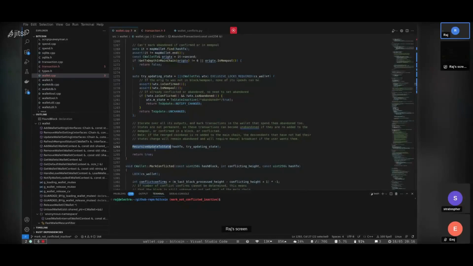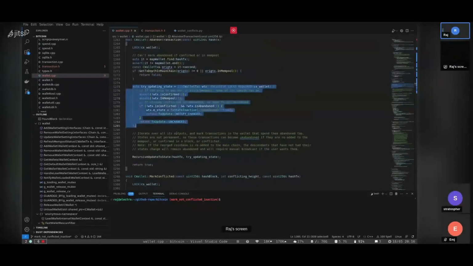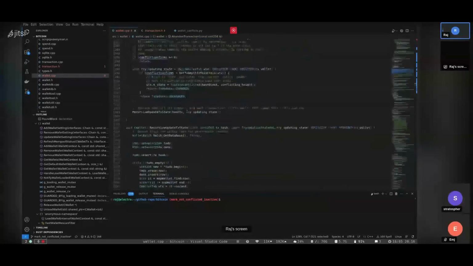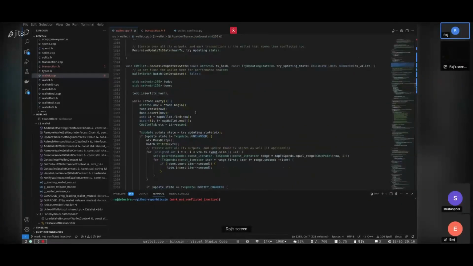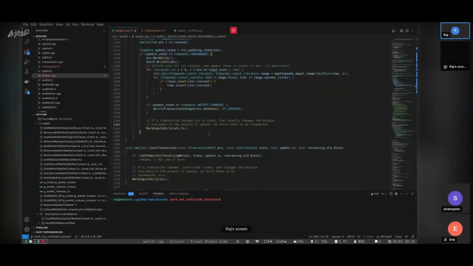So recursive state update can now take a custom lambda that changes the state of the transaction depending on the situation. Are we trying to abandon it? Are we trying to mark them as conflicting, and things like that? This is one major change that got added in this PR.